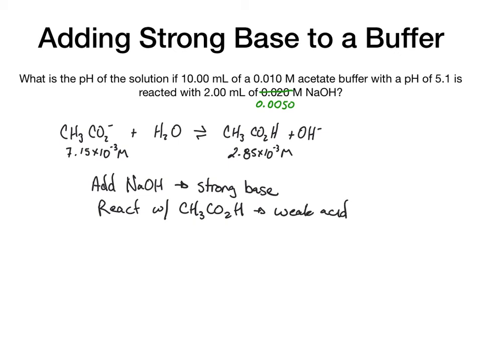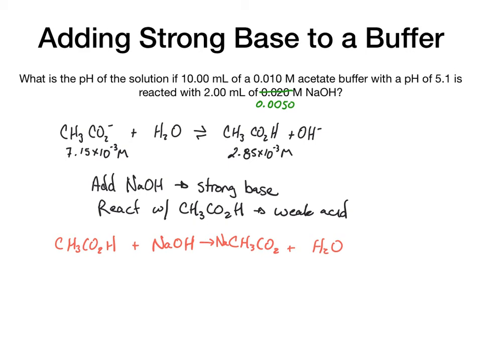Okay, so I'm going to write out my reaction. So I have my weak acid plus my NaOH is going to form acetate plus, I lost my sodium, so it's going to form sodium acetate plus water.